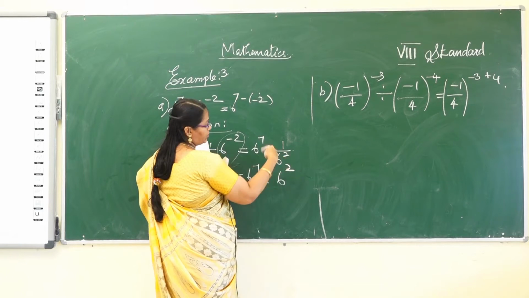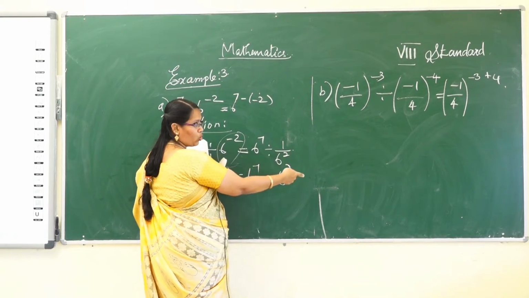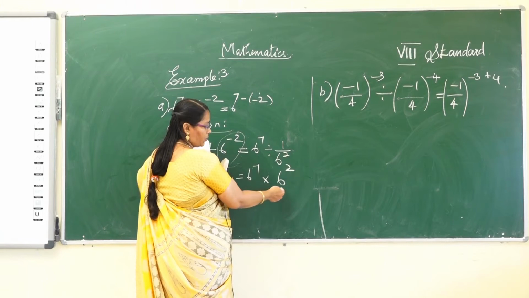What is the reciprocal of 1 by 6 square? It is 6 square.